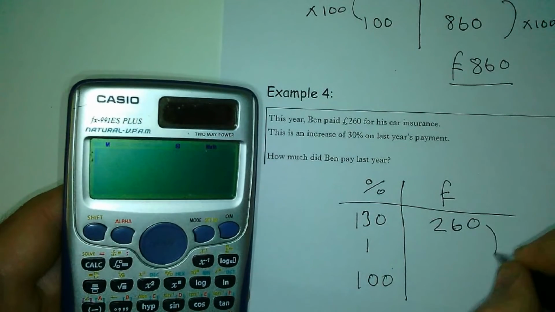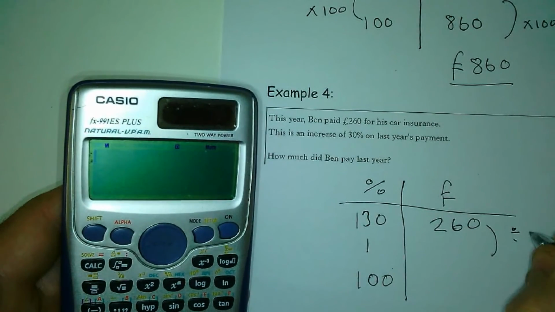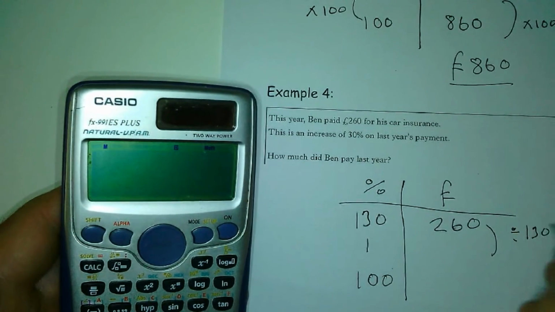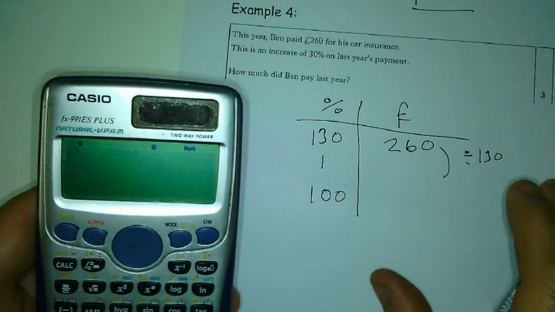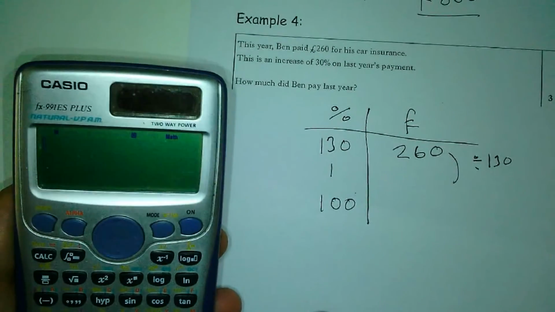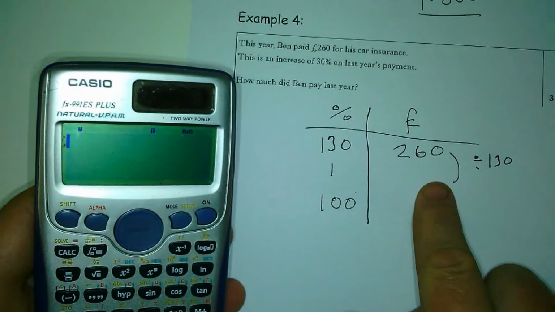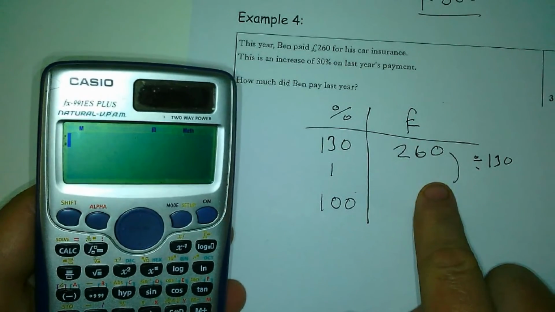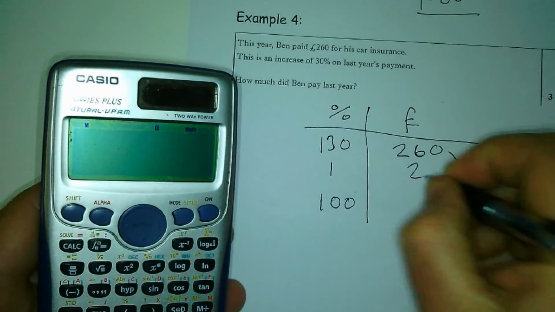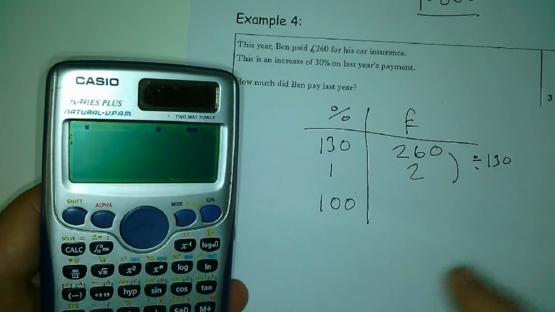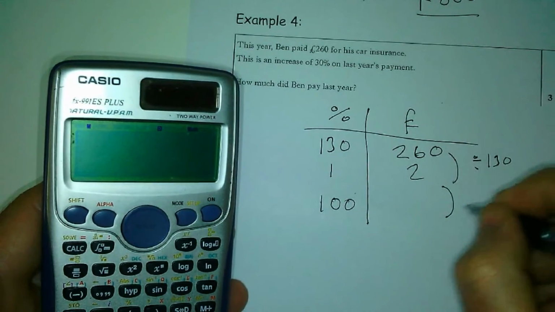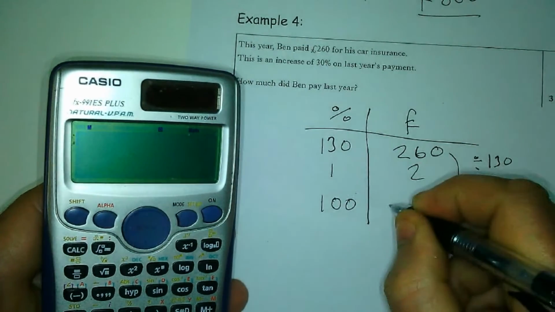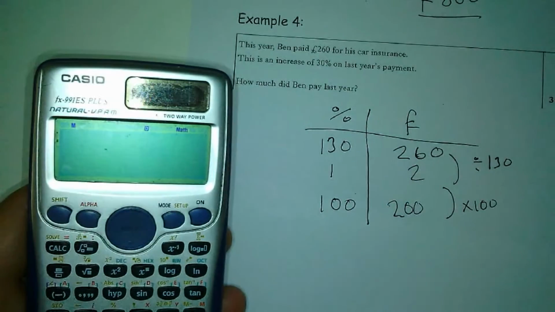So I am going to divide through by 130, which is, well, that's an easy number, isn't it? 2, and then times that by 100, so that's going to be 200.